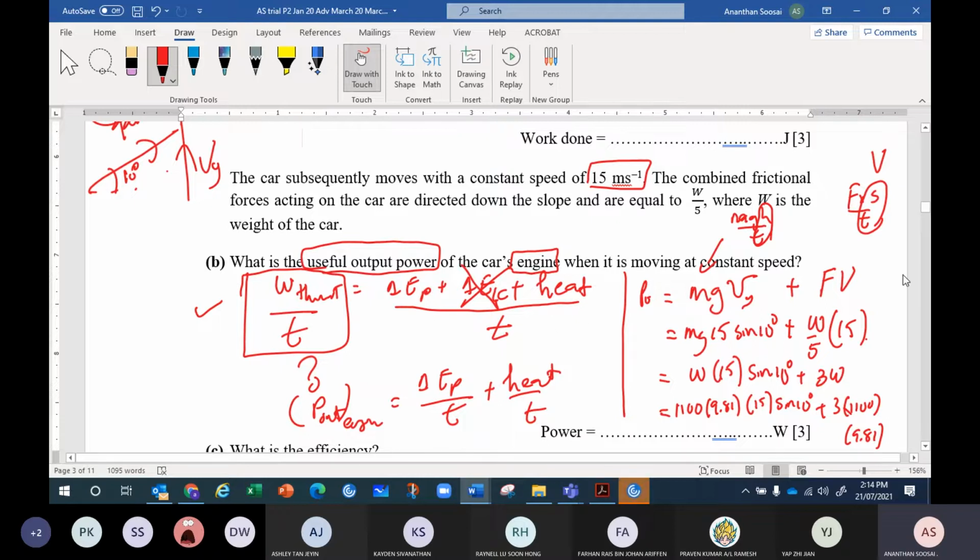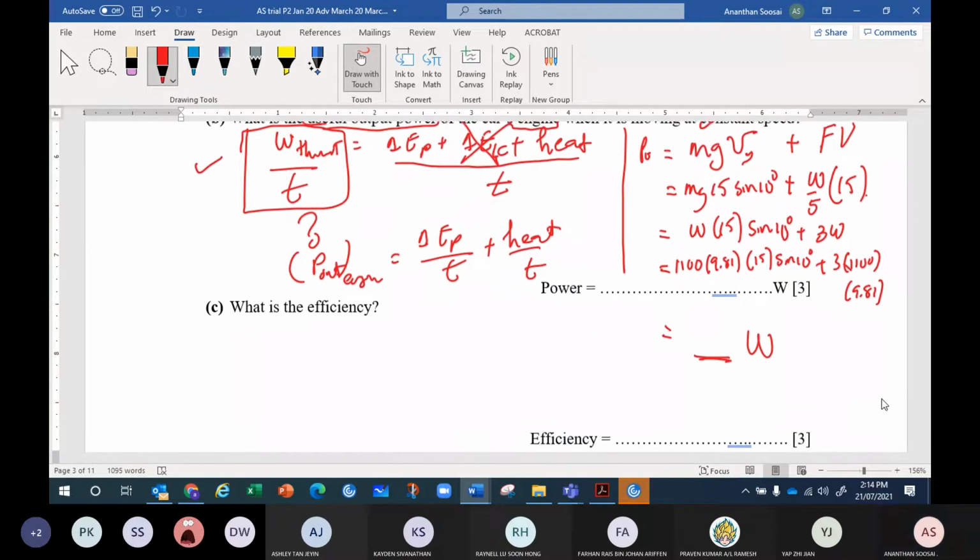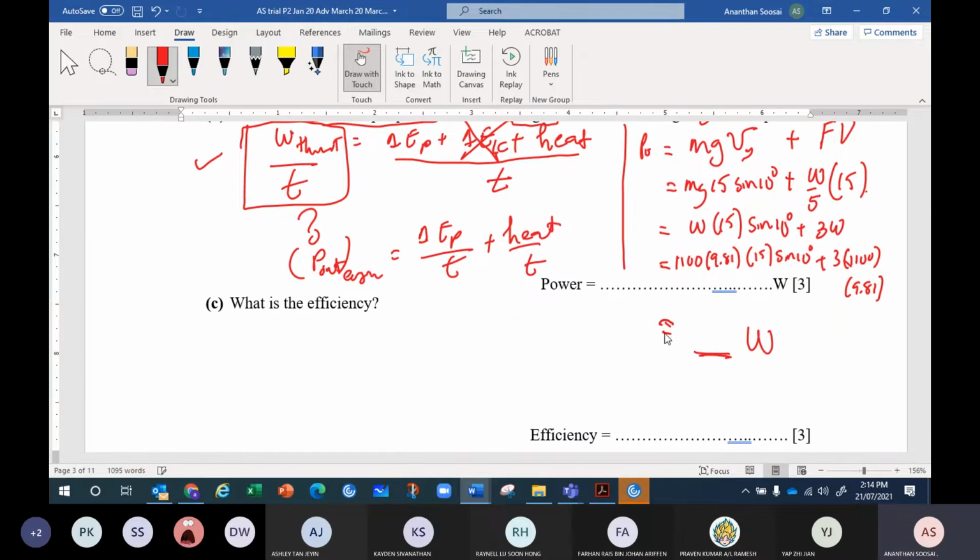And the heat over time is actually Fs over T, but this s is the diagonal distance travelled, so s over t is the 15 meters per second, the actual speed. So you calculate this, you get the output power, about 60.5 kilowatts.